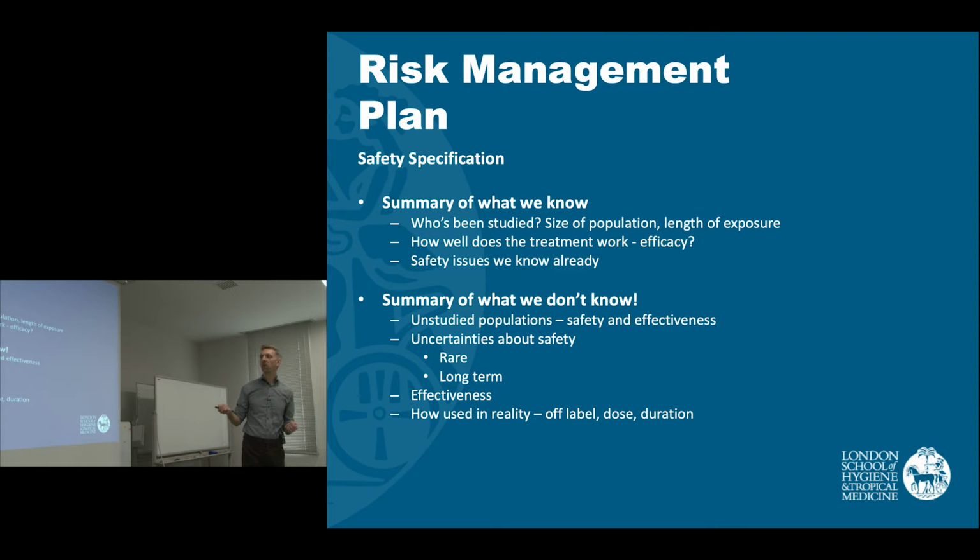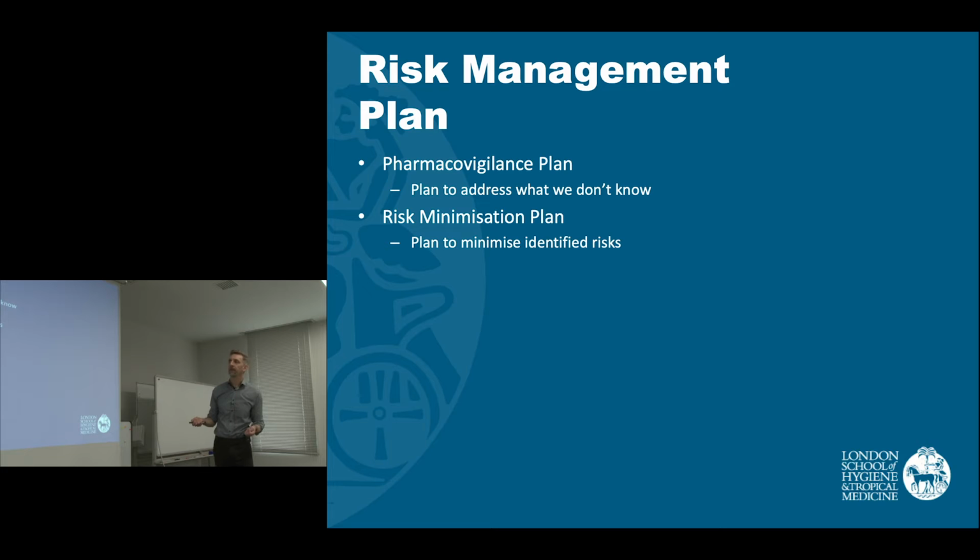Then the summary of what we don't know: the people that were not studied, any uncertainties about safety, so rare effects, long-term effects, anything we don't know about real-world effectiveness of the treatment, and essentially how the drug will be used in the real world. What doses will be used? Will it be used off-label, so for unintended indications, that sort of thing? So that's the summary of what we already know and what we don't know.